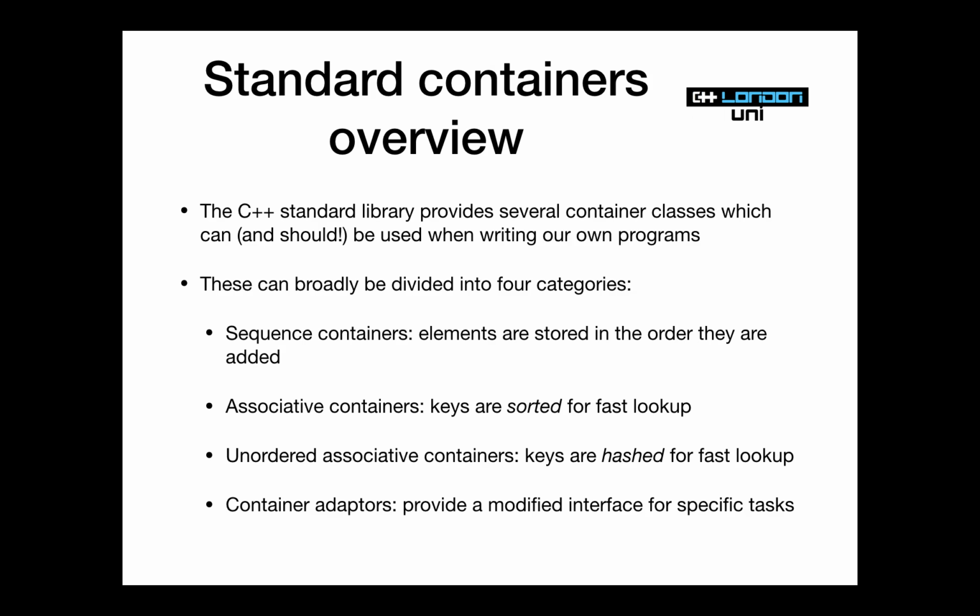With sequence containers, elements are stored in the order that you put them into the sequence. A vector, for example, stores the elements in the order you put things into the vector. Associative containers, on the other hand, are sorted. They maintain their elements in a sorted order for you.